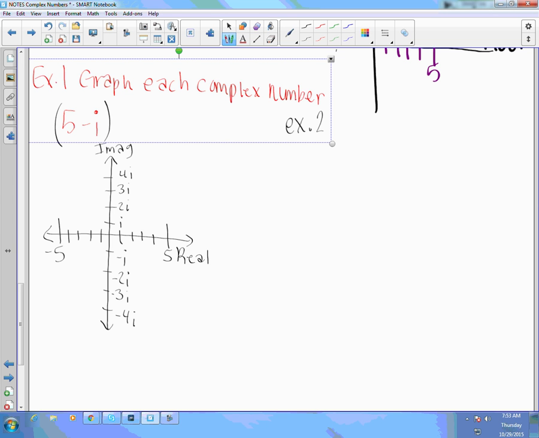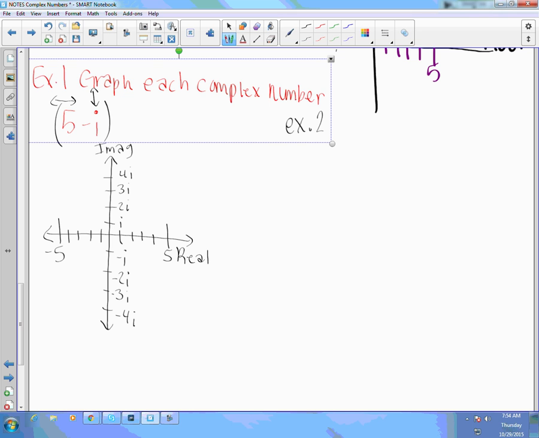Okay, how do I move from the origin to plot 5 minus i? The first number is your left and right movement, and the second number is up and down movement. So if the first number is 5, and it's left and right, which direction will we go?